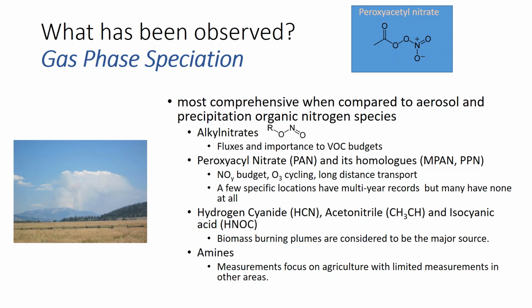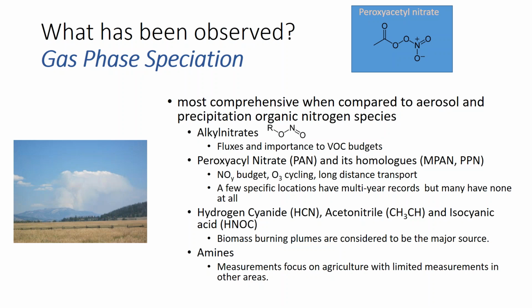Often we have measurements of alkyl nitrates. People tend to look at fluxes and also their importance to the volatile organic carbon budget. When you make a lot of the VOC measurements, you can get alkyl nitrates as well, which is beneficial for us who are interested in the organic nitrogen.